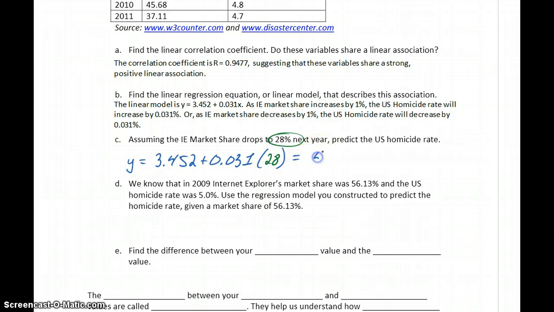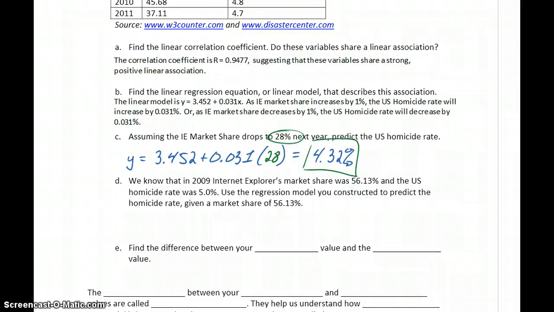That gives us a value of 4.32, meaning that if Internet Explorer's market share drops to 28%, we would expect the homicide rate to drop to 4.32%. That's our predicted value. We don't know if that's true, but based on the data we have, that's what we would expect to see.